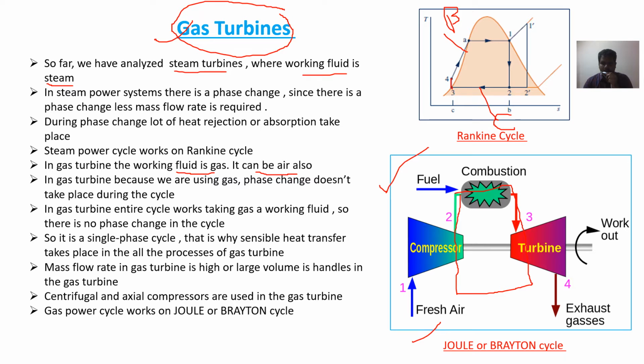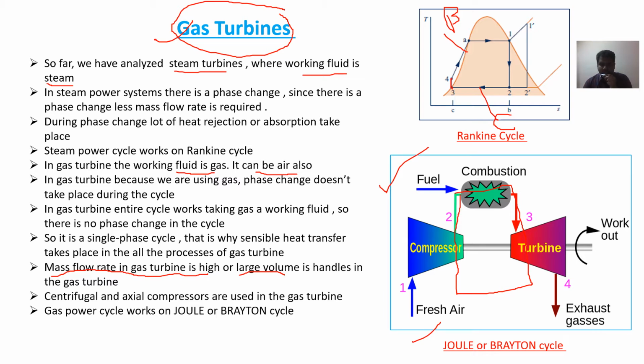So since the entire cycle is gas, it is a single phase cycle. There is no phase change at all. Because of this, there is a high mass flow rate in the Joule or Brayton cycle. It can handle larger volume also.